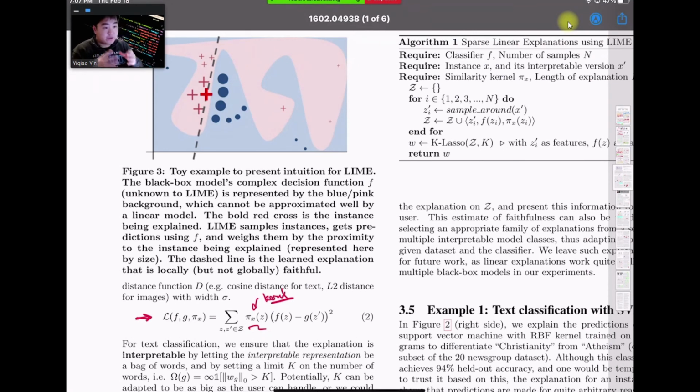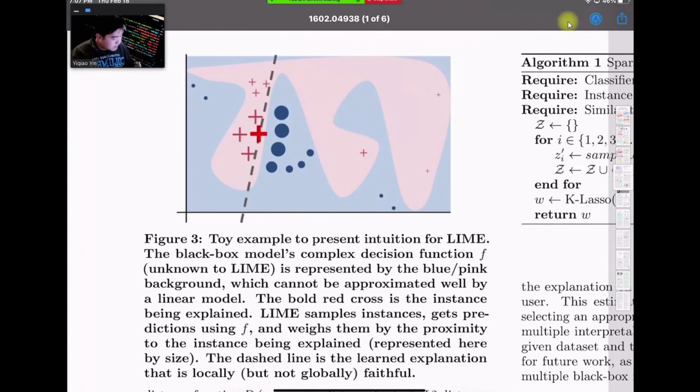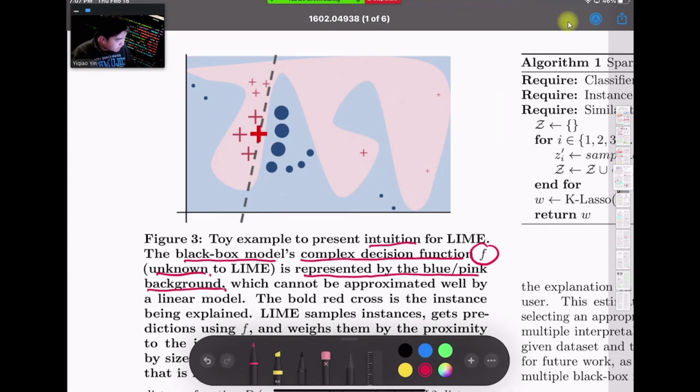And this figure 3 is going to be extremely important, and specifically it talks about the intuition behind LIME. So let's read this. Figure 3: Toy example to represent the intuition for LIME. The black box model's complex decision function f, which is unknown, is represented by the blue-pink background. So in other words, whatever this f is, we assume that we don't know it.